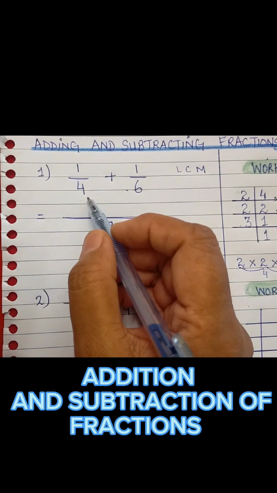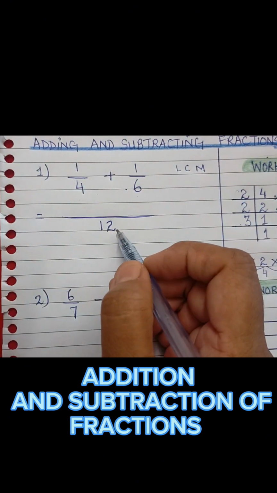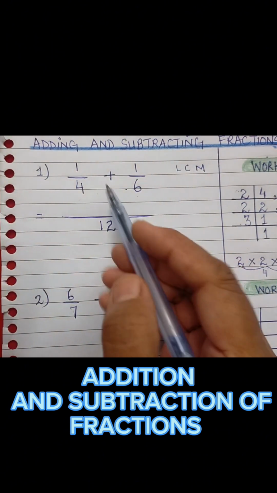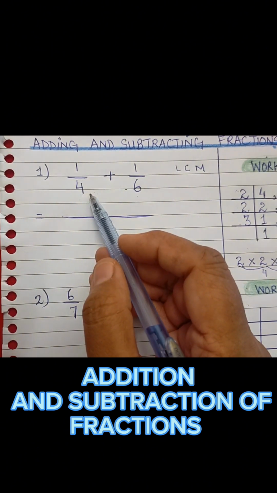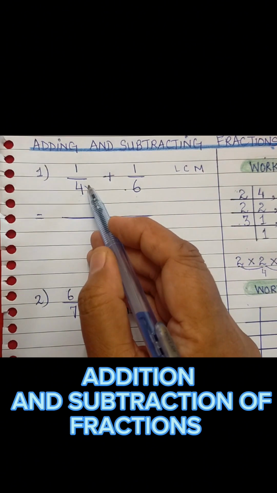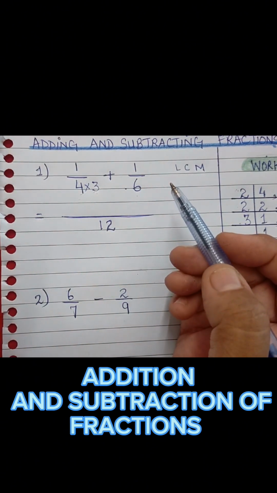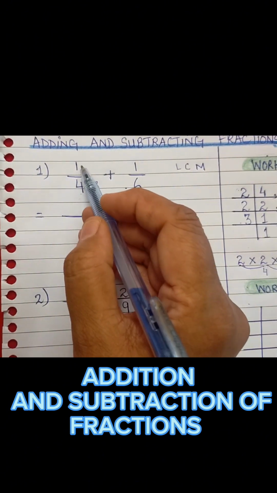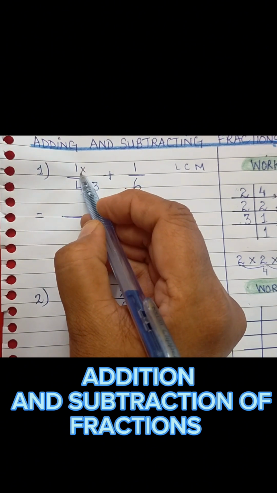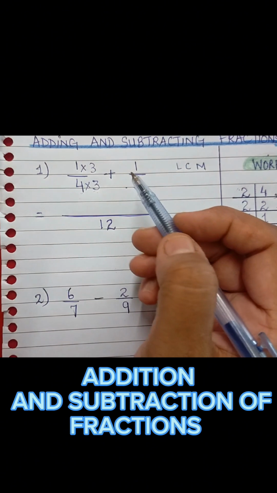What are we going to multiply the denominator with to get a 12? We multiply 4 by dash, which is going to give us a 12. 4 multiplied by 3. Right. Now I'm going to move up the same thing. I'm going to put a multiplication sign here, and I'm going to put my 3 over here. Correct?